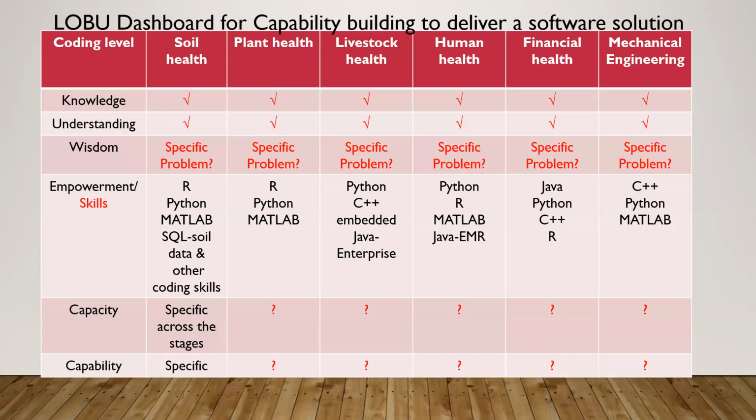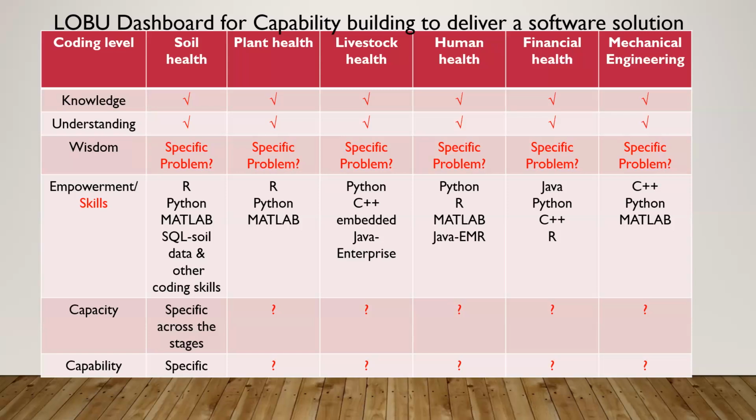In financial health, we saw that for enterprises, they mainly use Java, but to some extent Python, C++, and R. In mechanical engineering, because it requires high performance, C++ is the one that is often used, Python, then MATLAB. So you see that this dashboard is useful for you to determine your entry point for building your capability.